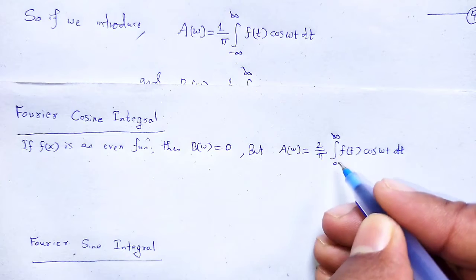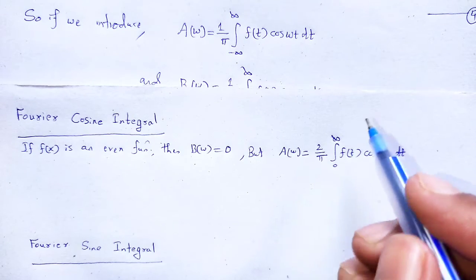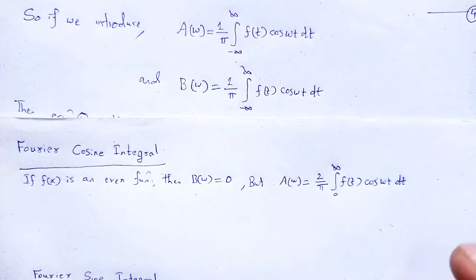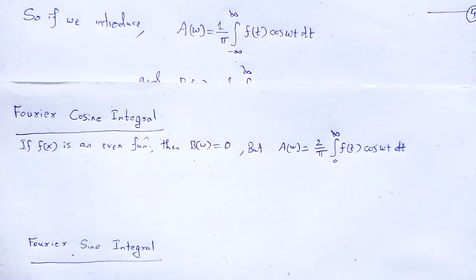As we take 0 to infinity instead of minus infinity to plus infinity, 2 is multiplied.